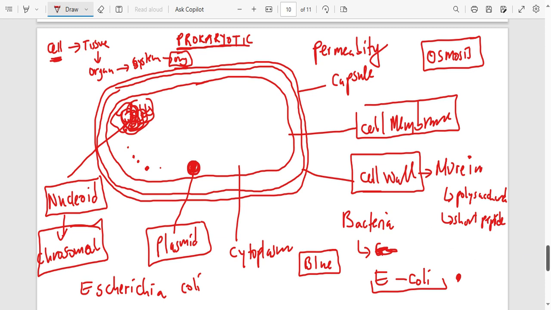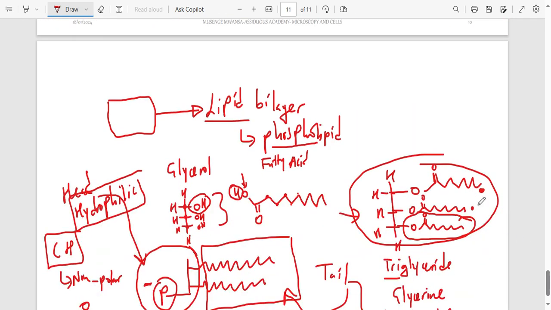Ribosomes. Now, ribosomes, I didn't describe them more. Ribosomes themselves are used to make proteins. Ribosomes are of two types. You have the small units and the big units. Depending on whether you're talking about a eukaryotic cell or a prokaryotic cell, they will be different.